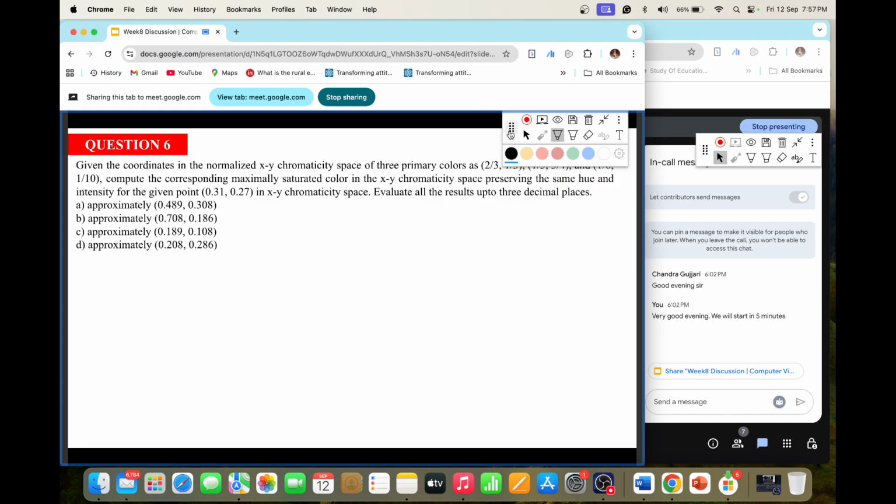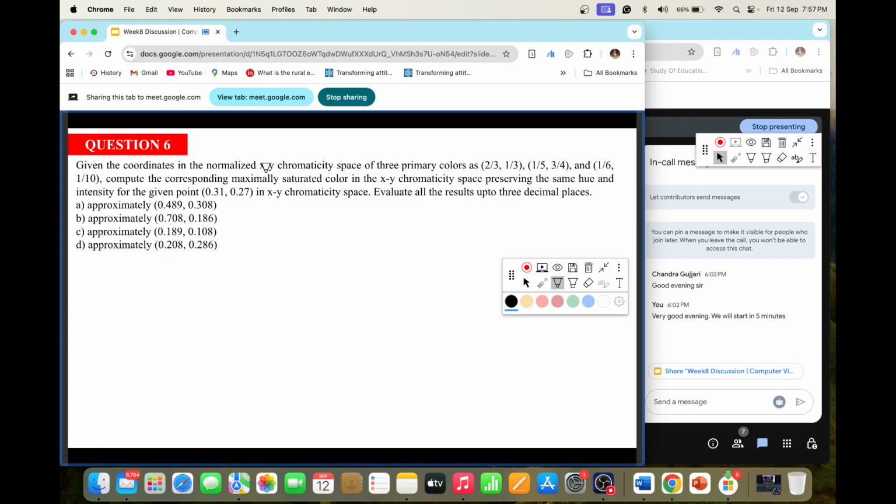Question number 6. Given the coordinates in the normalized XY chromaticity space, three primary colors are given at the saturated values, that is the pixels found on the vertices of the gamut.